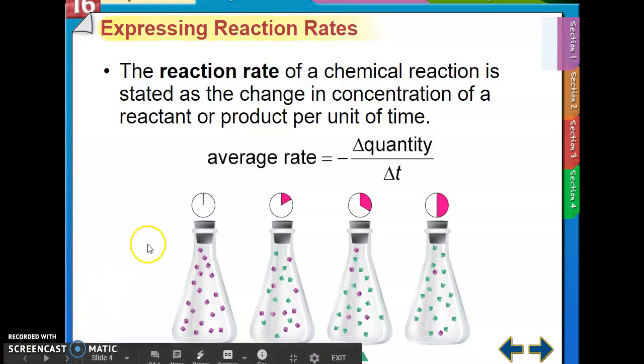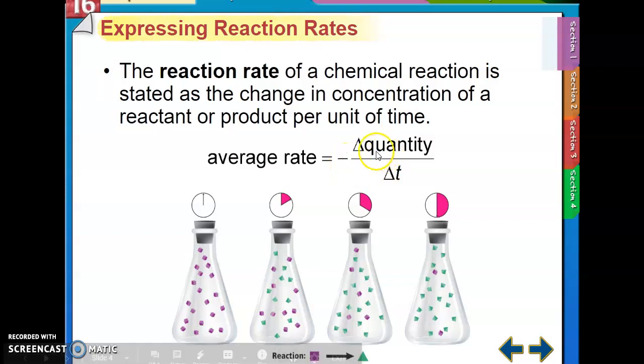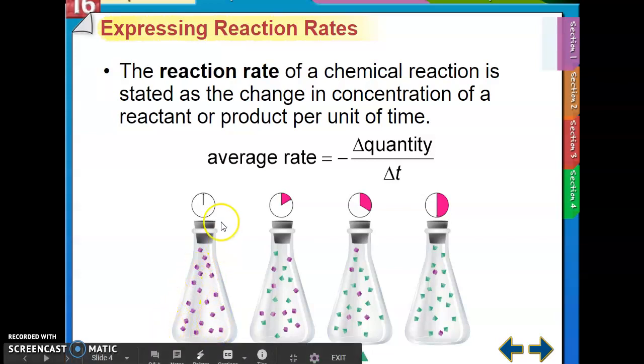Our general equation that we use to define this has a negative sign here. This symbol here, which is delta, means change in quantity over the change in time. So if you see here in our graph, all the purple cubes are our reactants, and it's the amount of time it takes for those purple cubes to turn into green pyramids in our diagram.